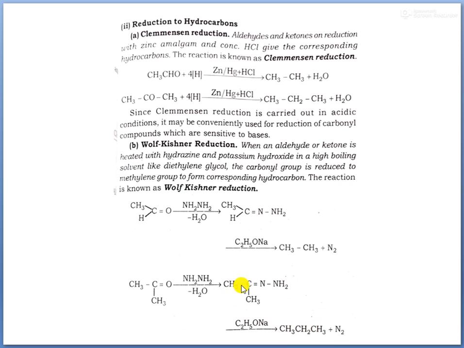Here there are 3 carbons, CH3, CH3, and 2 hydrogens are added, so we get a 3 carbon product, CH3CH2CH3, and nitrogen as another byproduct. So this is the Wolff-Kishner reduction. These 2 reactions are very important for your exams.